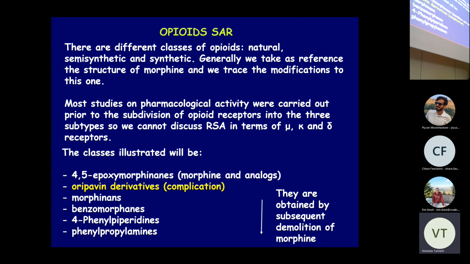No rain, too hot. And so scientists tried in the past to simplify the chemical structure of morphine in order to have synthetic derivatives of morphine which allow the synthesis of big quantity of this type of compound.